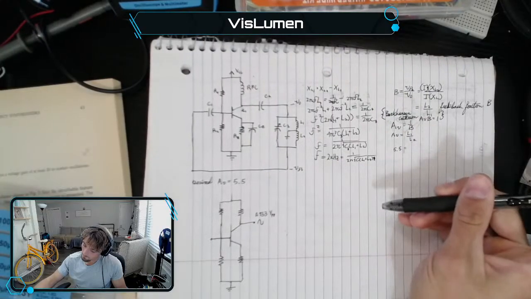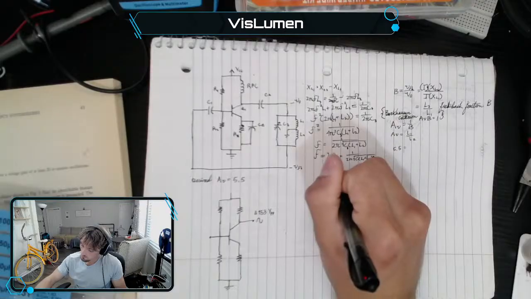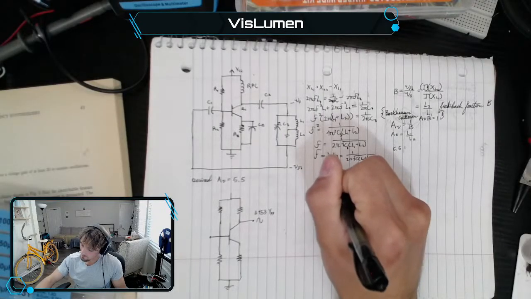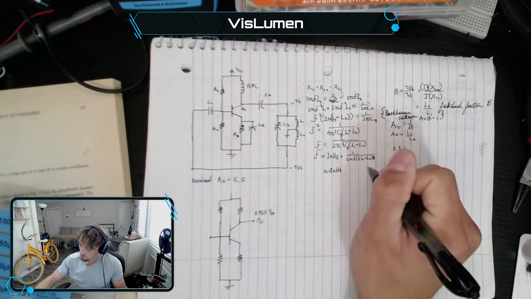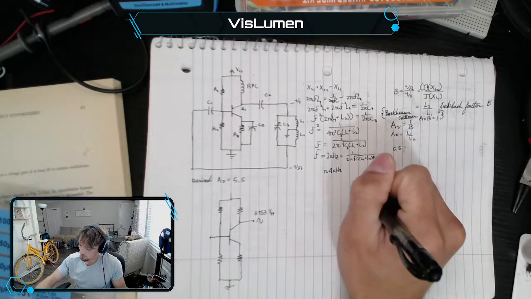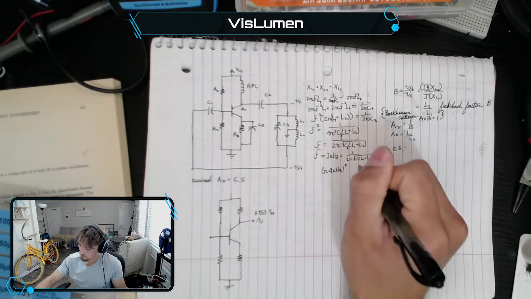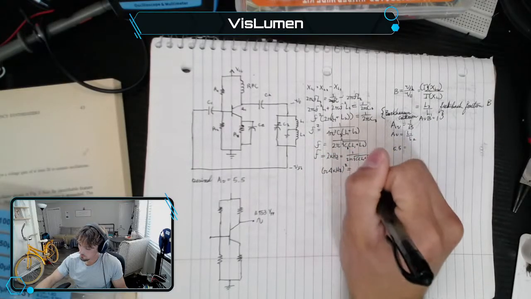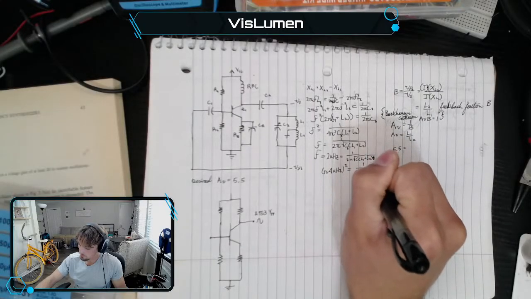Okay. 2 kilohertz, 2 pi times 4 kilohertz, 1 over square root. Okay, square equals 1 over C times L1 plus L2.